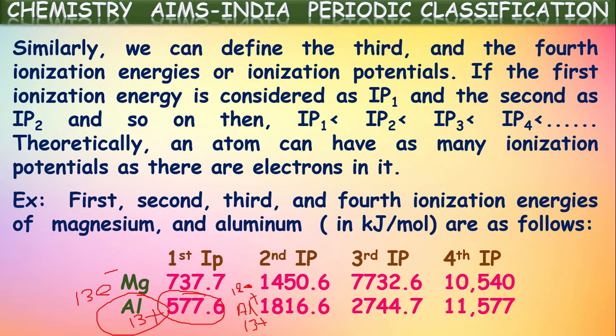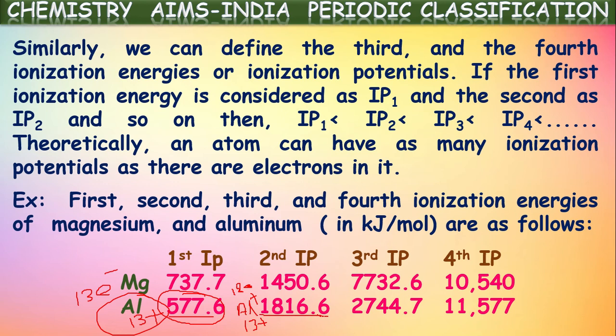As the nuclear charge is more, the remaining 12 electrons will be held by the nucleus strongly. So the removal of one more electron requires more and more energy. That's why the second ionization energy is greater than the first.